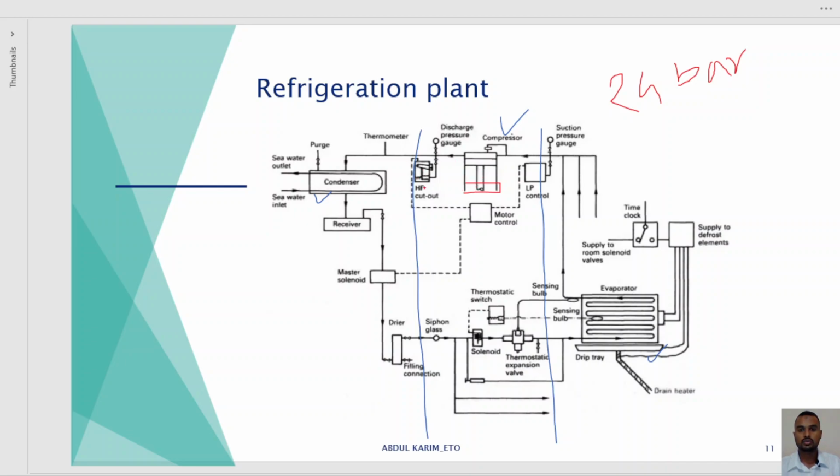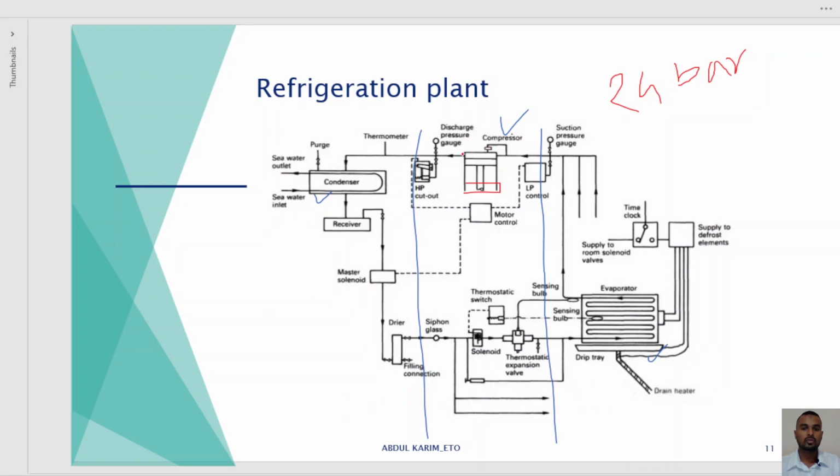When the high pressure cutout cuts off the compressor, I mean trips the compressor, we have to come here to reset the high pressure cutout. Otherwise, the compressor will not run automatically. Okay. So suppose our system is okay, our pressure is less than 24 bar.